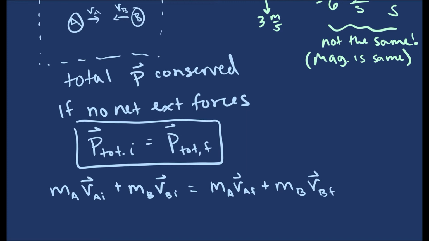So this is a simplified version of just writing out the momentum of each of the individual objects in the system.